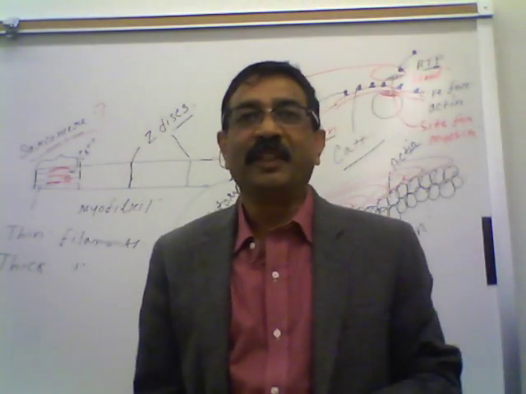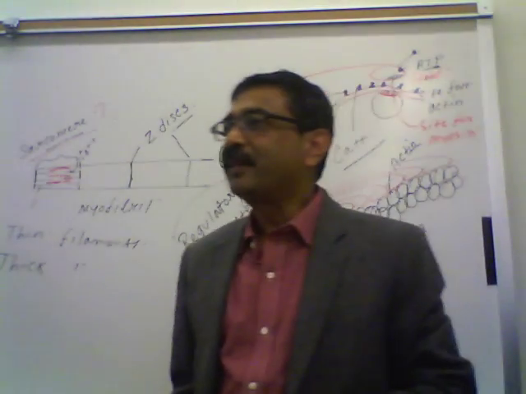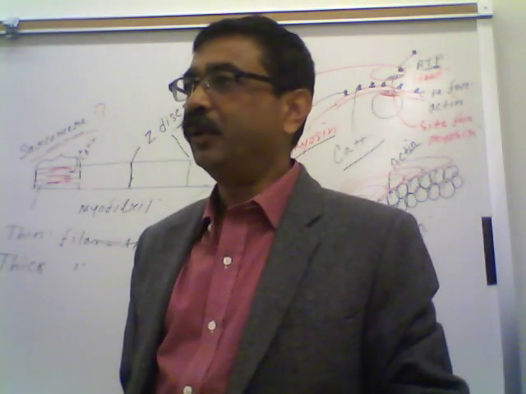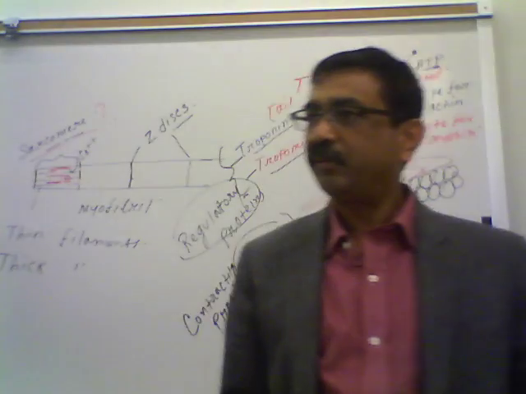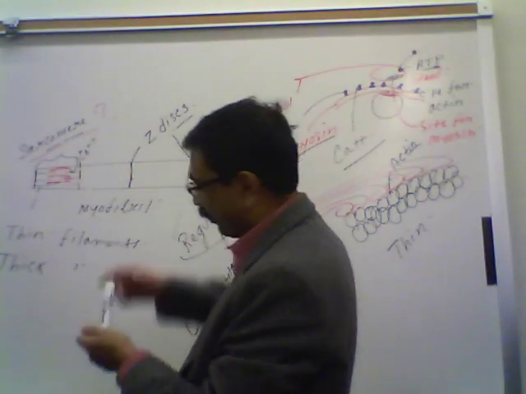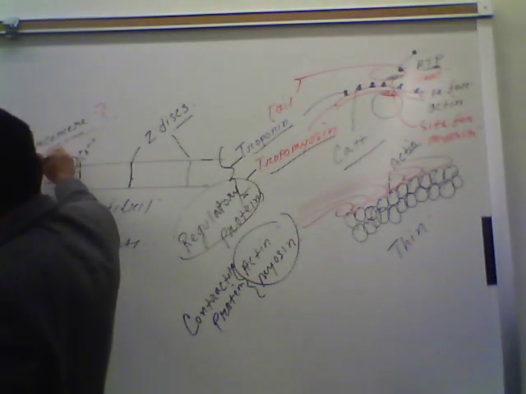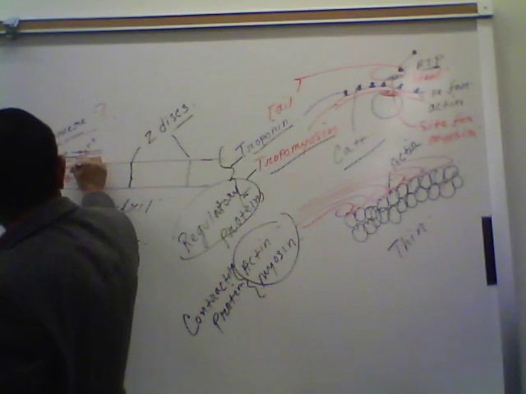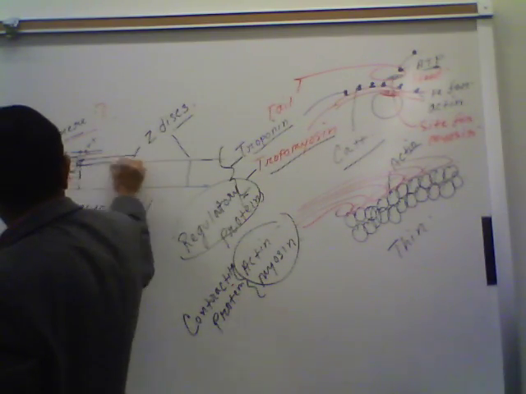Okay, now the question is, from where does the calcium get in the sarcomere? We know that calcium is essential for muscle contraction. From where? On the myofibril, you have a network of tubes. Many tubes are connected to each other and form a network of tube-like structures.